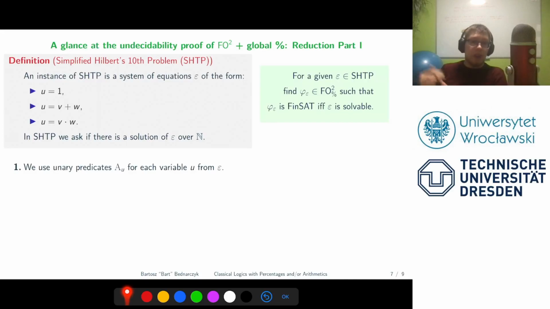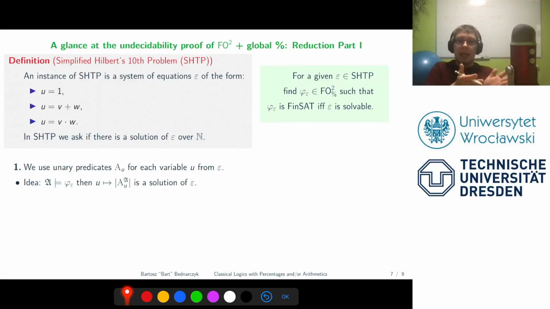For each variable from my system of equations, I will introduce a fresh predicate AU for each variable u from epsilon. Whenever I have a structure that satisfies my formula, a mapping that assigns to each variable the total number of elements satisfying the corresponding predicate should be a solution of our input system of equations.